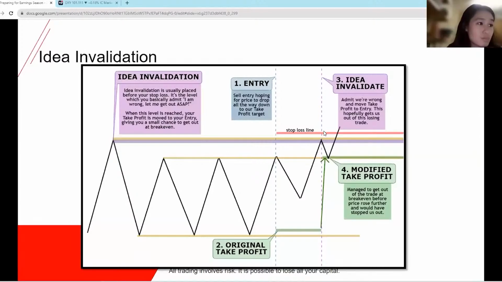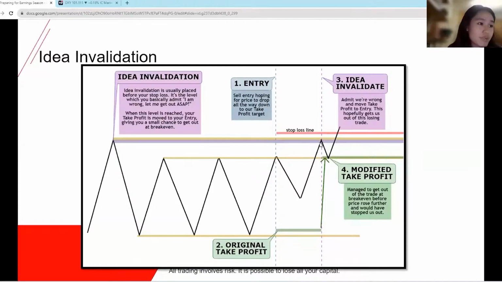But instead of moving our stop loss in this case, we move our take profit instead. What we mean is that this level, the purple level, is our idea invalidation level. It's basically the point at which we realize that we want to get out of the trade.